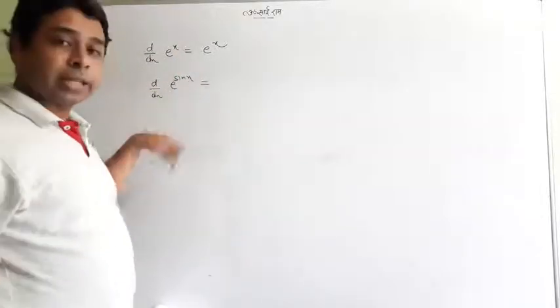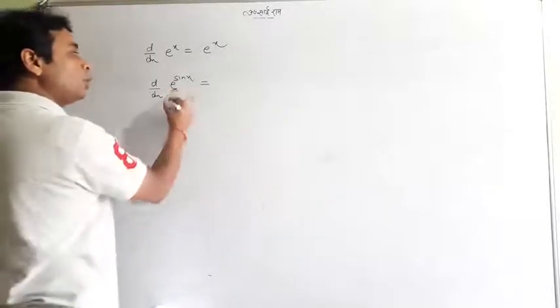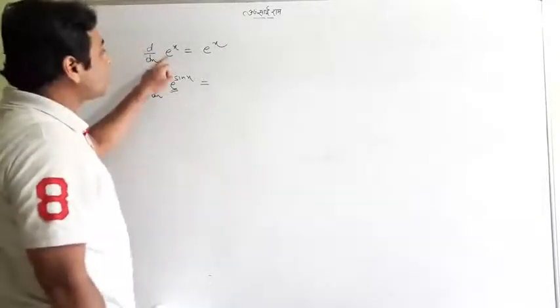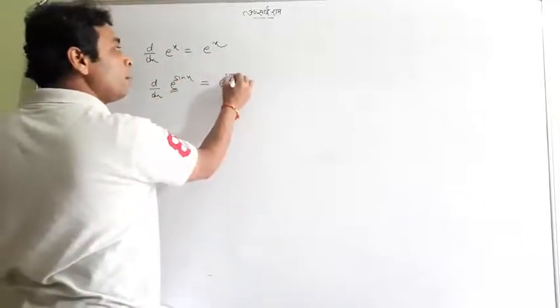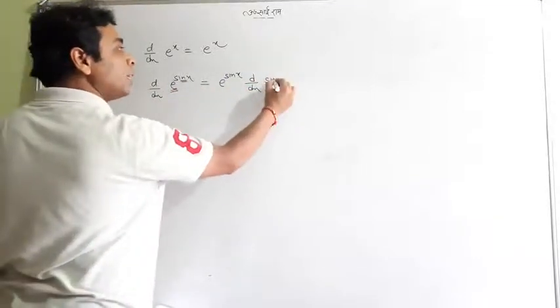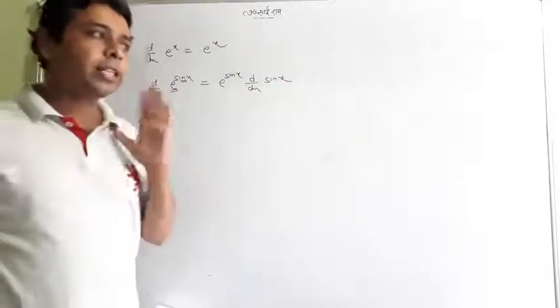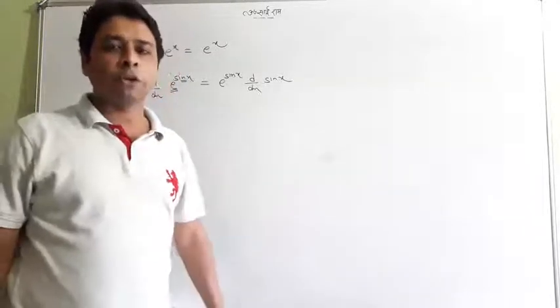Like e to the power sin x. So what will you do? Definitely the same chain rule. First I will differentiate e, so differentiation of e to the power sin x will be the same. But it is not enough. You have to again differentiate the new function sin x. This should not be new for you, because chain rule we have already studied a lot of times and done a lot of questions.